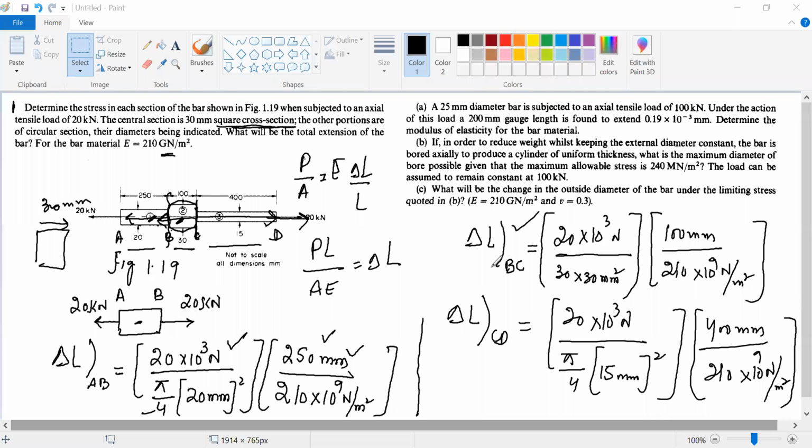Calculate all these, delta AB, delta BC, delta CD, add them up, you will get the total change in length. As far as the answer of this problem is concerned, let me see what the answer says.